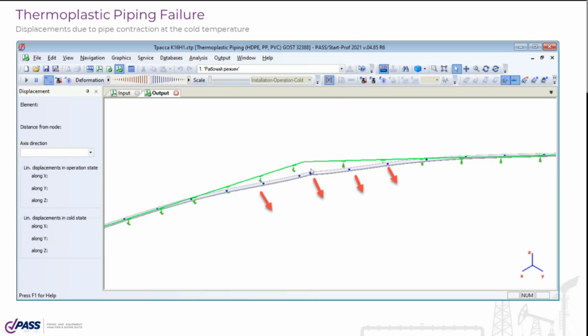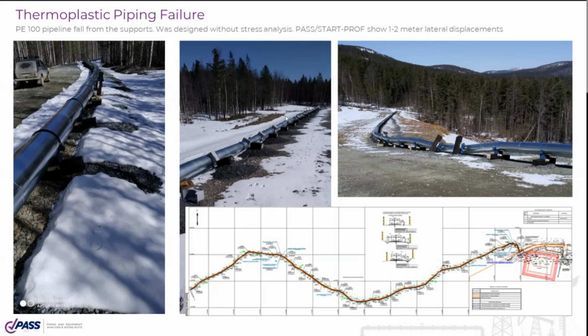In some places it's about 2 or maybe 3 meters, so it's huge displacement. All this is caused by the great thermal expansion of this pipe, because PE100 material expands 20 times greater than a steel piping system. If this were steel piping, the lateral deformations would not be so huge, but for plastic piping it's very high, and all supports overturned.